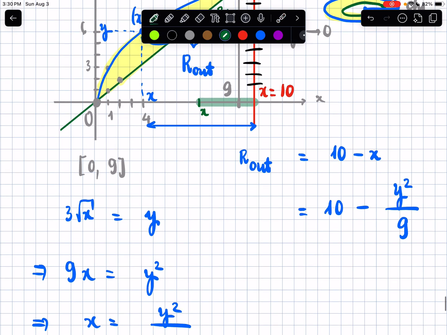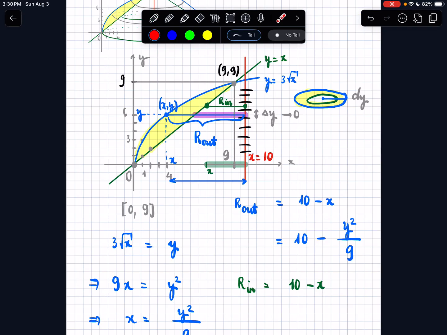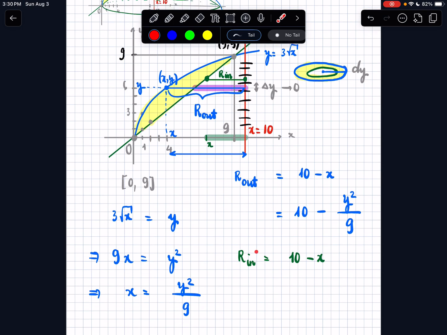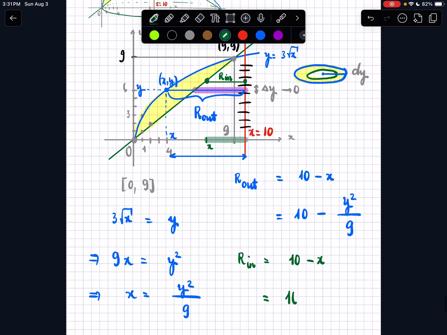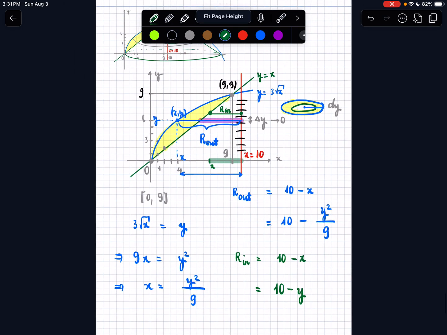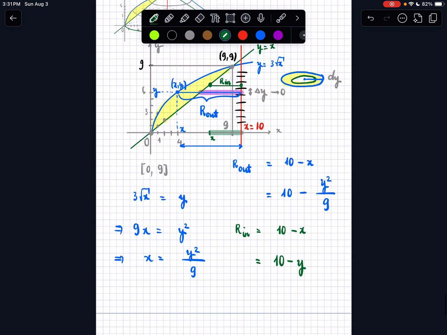So r inner is 10 minus x. X equal to y. We want to write down as a function in terms of y. So this is 10 minus y. So we have r outer and r inner. We can compute the area of the cross section.